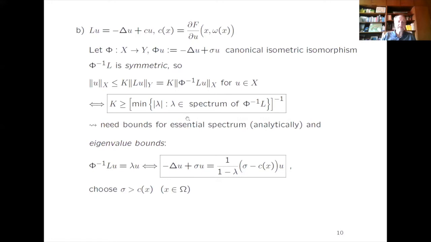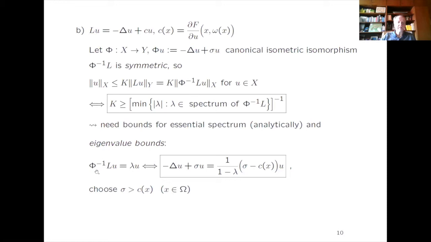And the second part, for calculating this lower bound for the spectrum or the modulus of the spectrum, are eigenvalue bounds, which come in addition to the essential spectrum. For eigenvalue bounds, we are no longer allowed to replace omega by 0, because eigenvalues of course change when we change the coefficient. So here is the eigenvalue problem we have to look at.